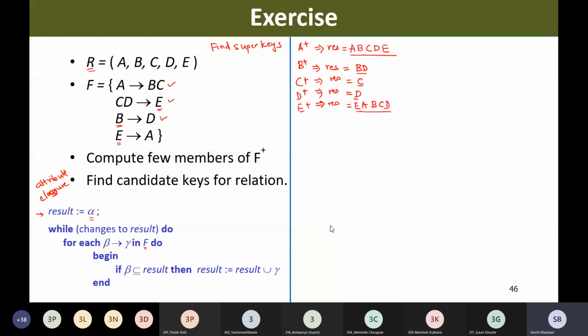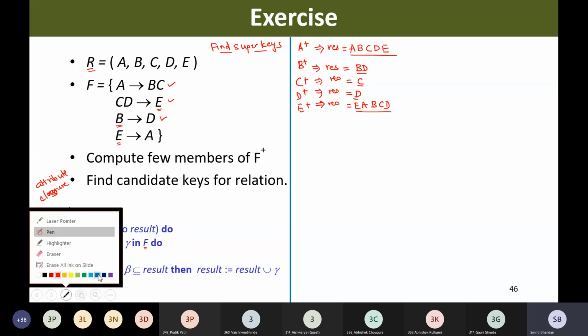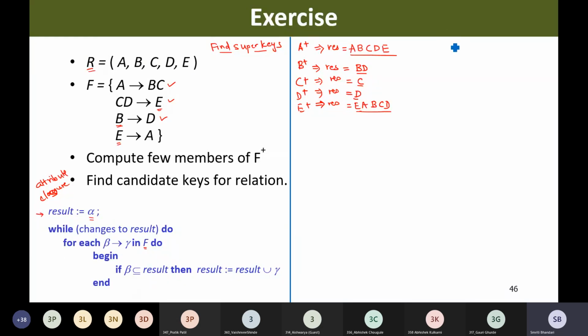Fine. Now, we have seen earlier how to find super keys by making use of attribute closures. What we said is, if alpha plus determines all the attributes in R, then we may say that alpha is a super key.